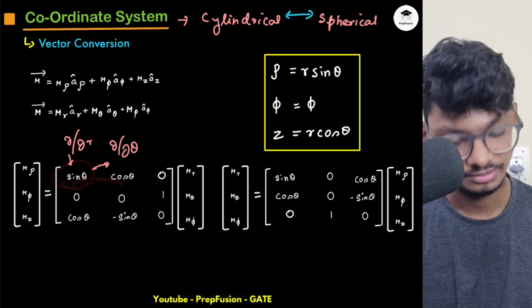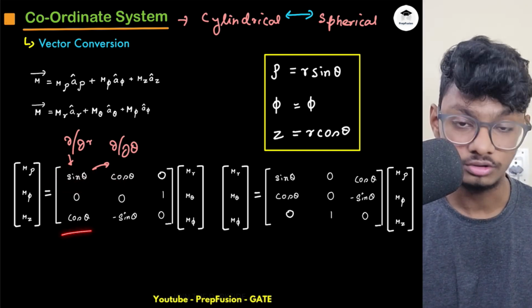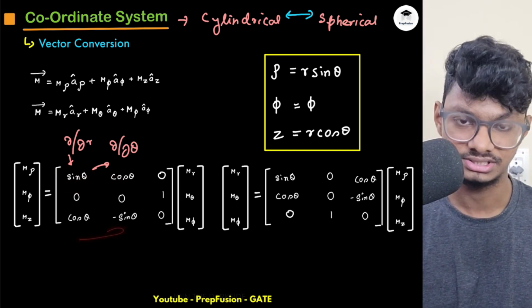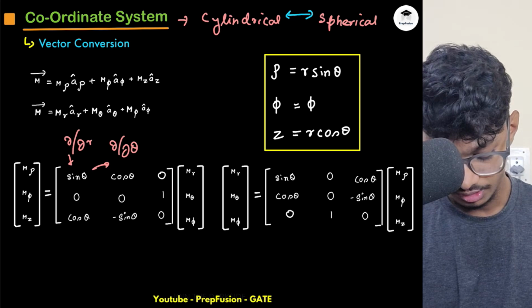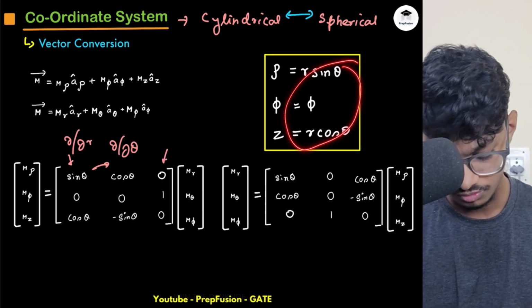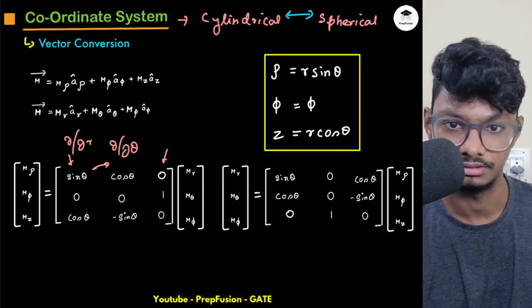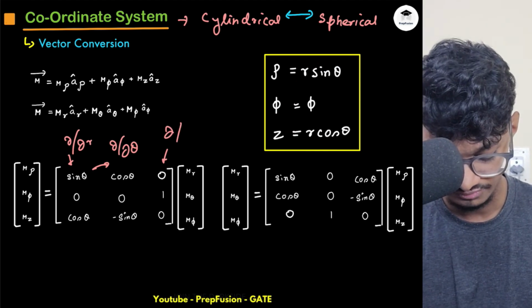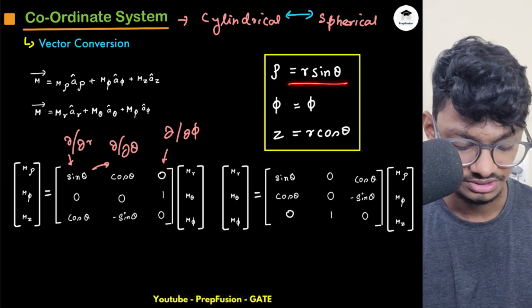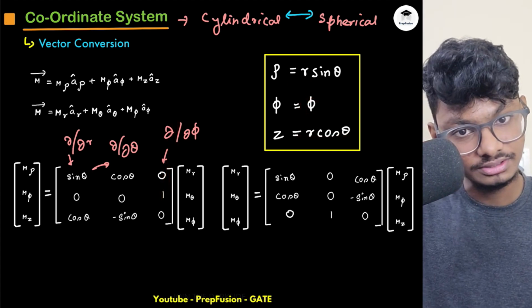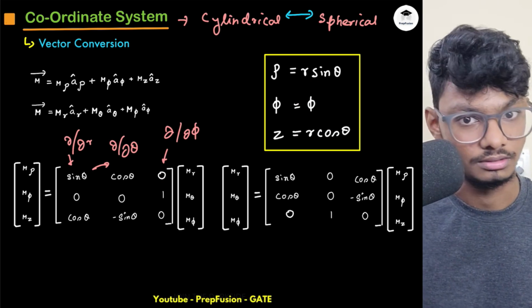Sine theta differentiation will be cos theta, and cos theta differentiation will be minus sine theta. Then in the last row, I partially differentiate with respect to phi. So this will be 0, this will be 0, and this will be 1. Same procedure I followed in the previous conversion as well.